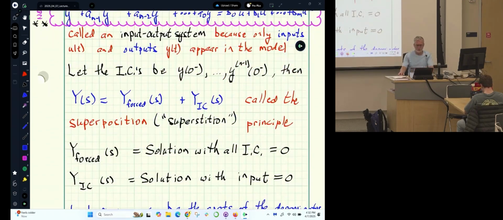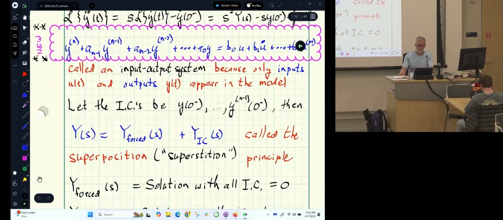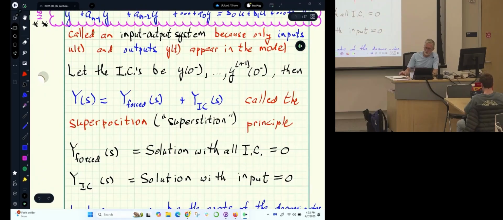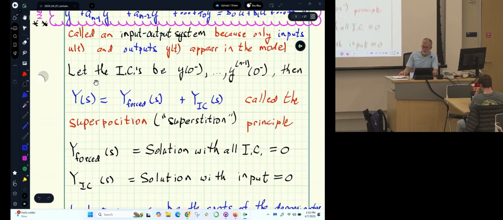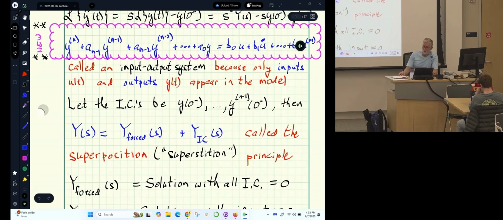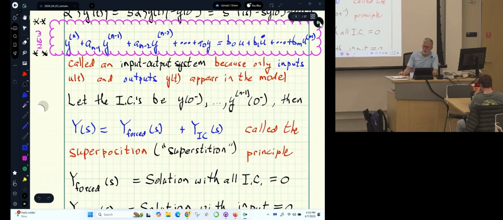When we manipulated the Laplace transform and worked it all out, the solution decomposes nicely and importantly into two parts. One part depends on how you, the engineer, or how nature is driving the system. And the other one depends upon how the system was initialized.